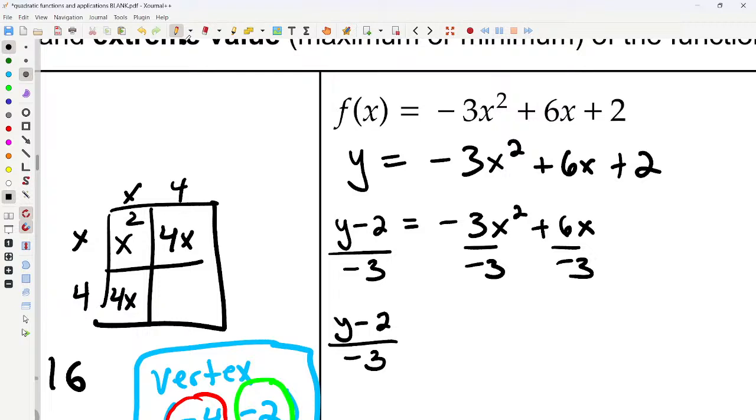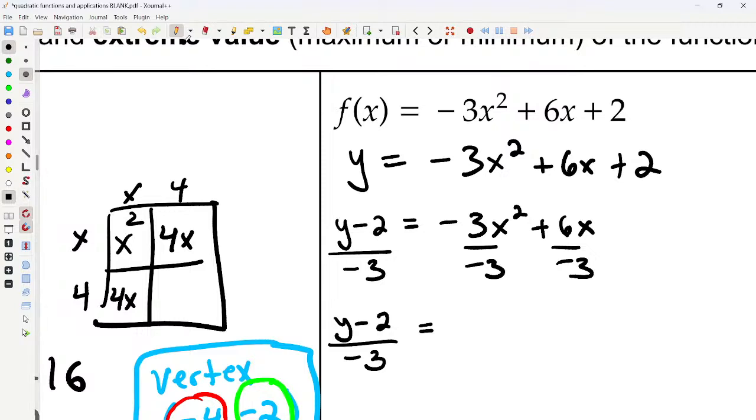Because ultimately, I'm going to solve back for y after I complete the square. So I don't have to worry too much about that side. It's kind of just reminding me that at some point I need to undo the division of -3 that I'm doing right now, and I have to undo the subtracting 2 that I did just a moment ago.